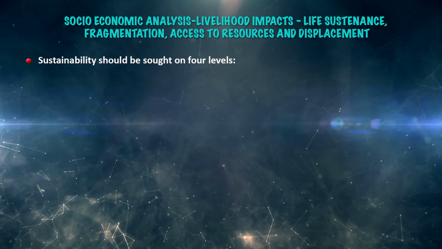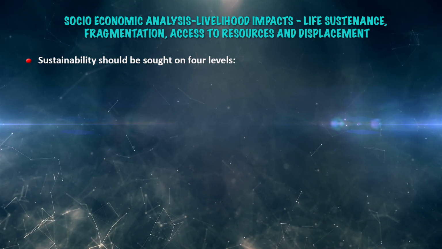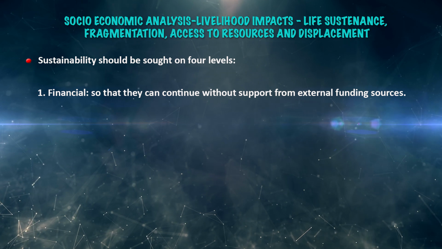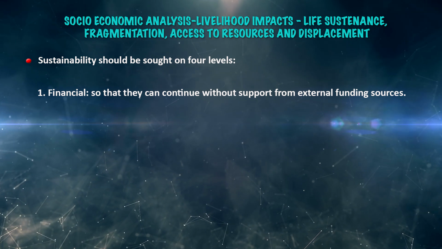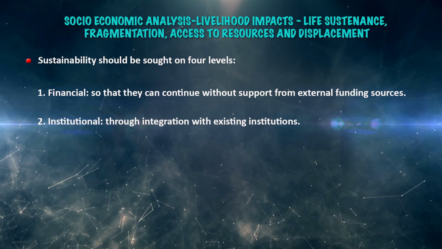So, sustainability should be sought on four levels on the basis of these principles which we have learned. The first level is financial. That means they can continue without support from external funding sources. The second is institutional.